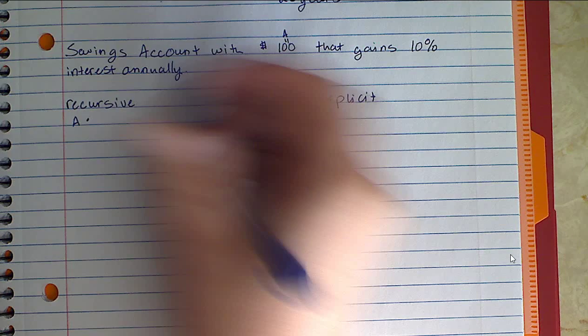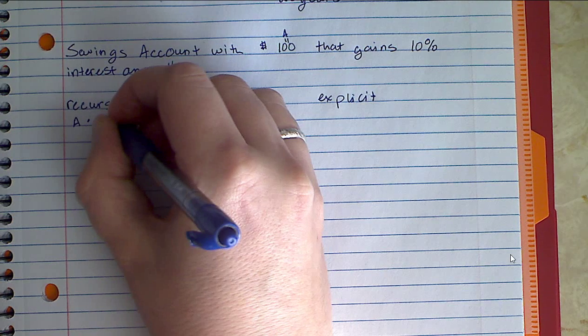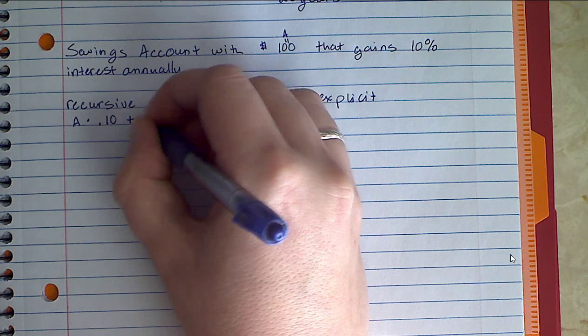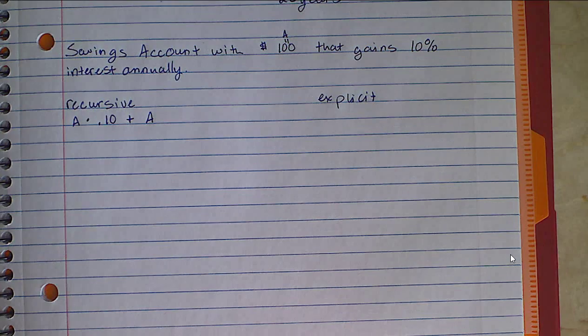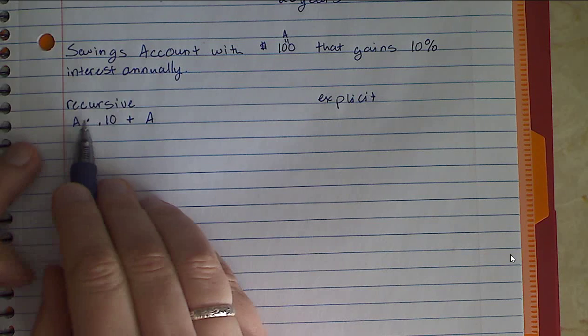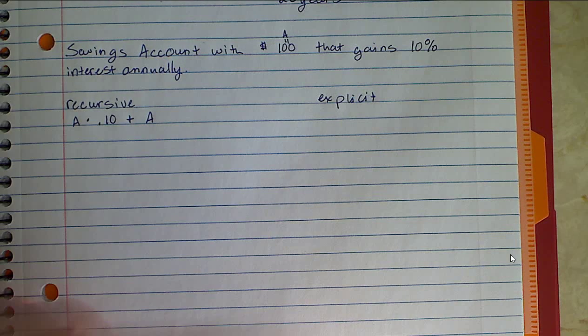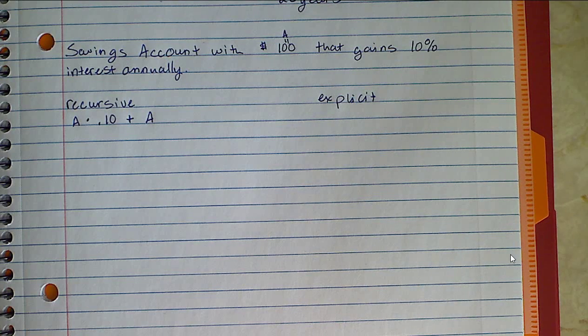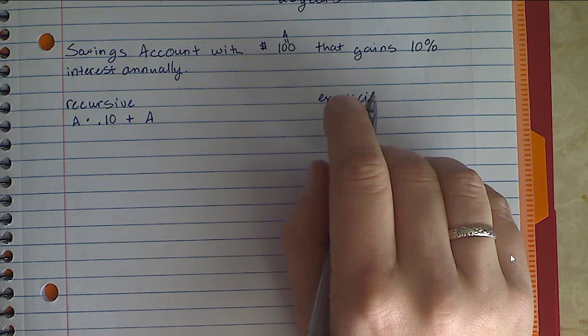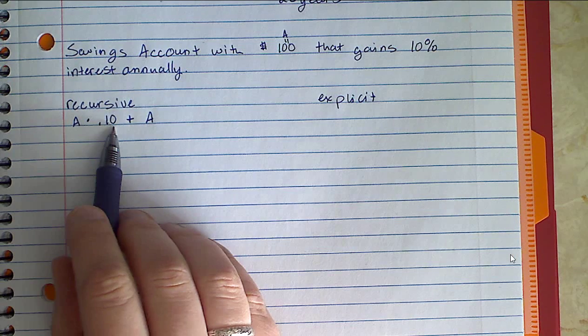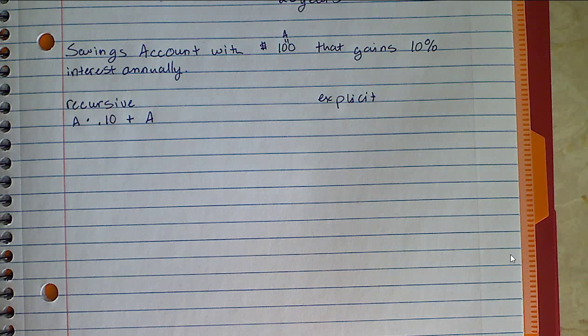Okay, so the amount times 0.10 plus the amount again. So that would be after 1 year, because you'd have to multiply it by 10% to get how much you're adding back onto the original.